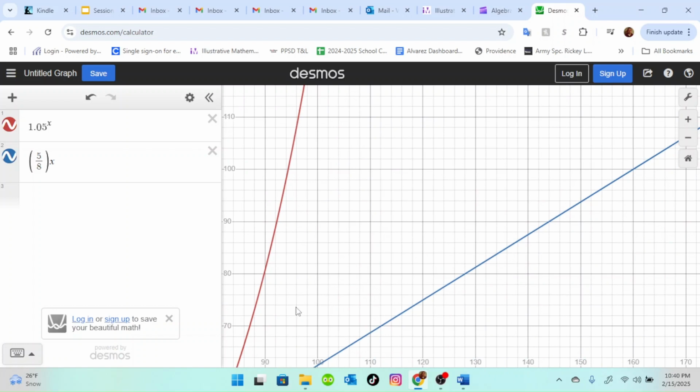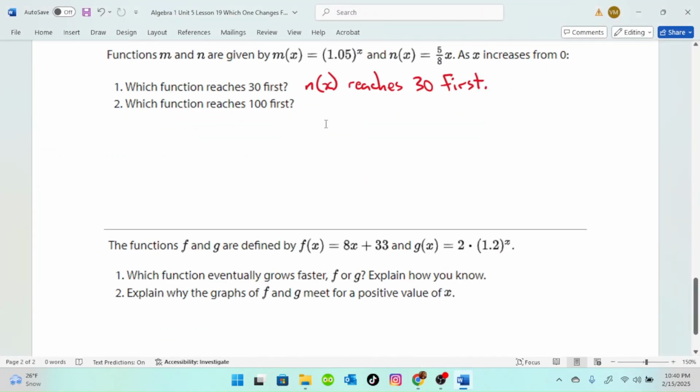It does it right around 94, and the blue line doesn't do it until around 160. And the red line represents 1.05 to the power of x, which is the exponential equation. And that is m of x.